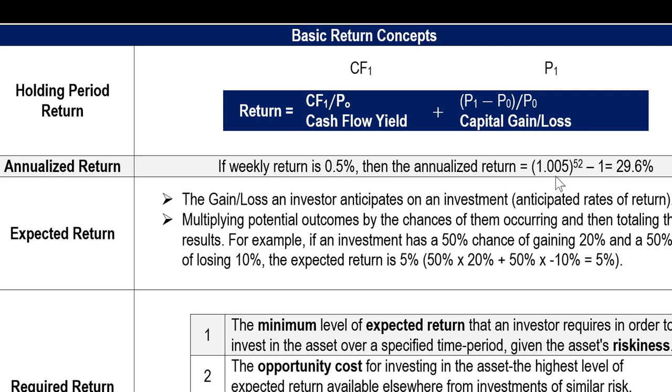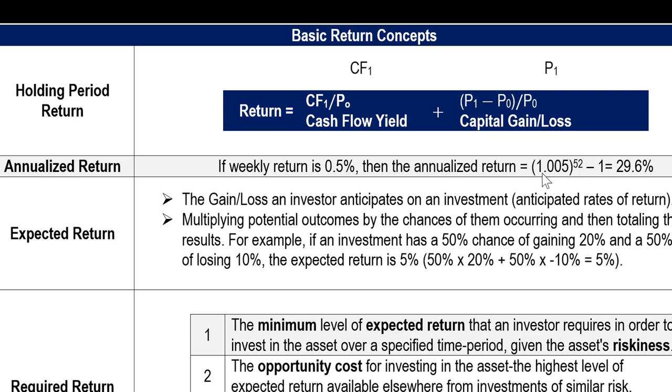If you keep the same return every week for the 52 weeks in a year, the 0.5% will be compounded 52 times. That's the reason we use 1.005 to the 52nd power. That is the geometric compounding result.